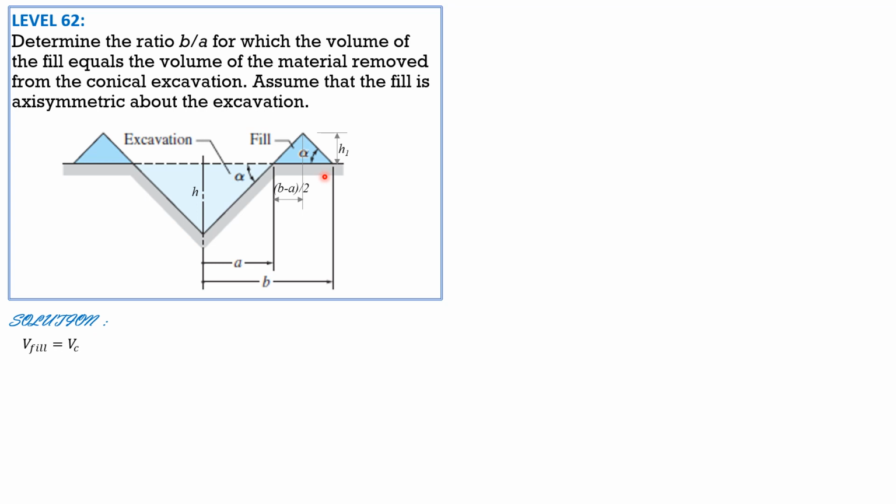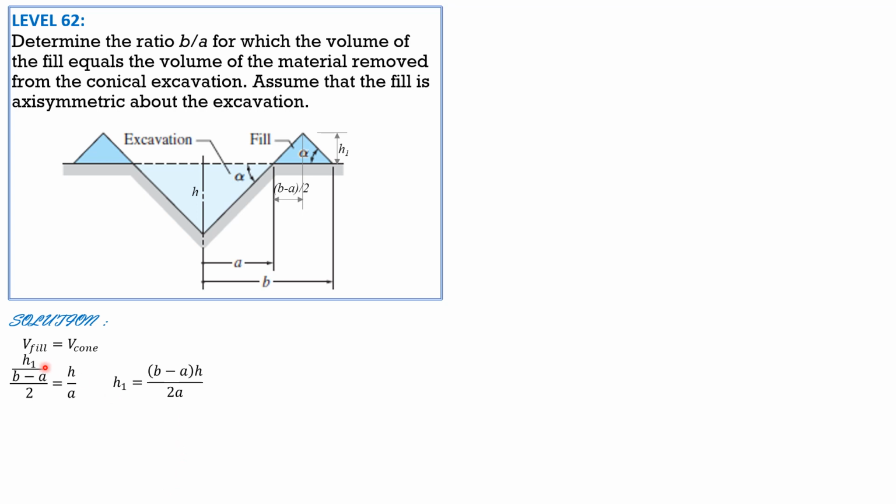So volume of fill equals volume of cone. Then by similar triangles, H1 is to B minus A over 2 as H is to A. So H1 is B minus A times H over 2A.